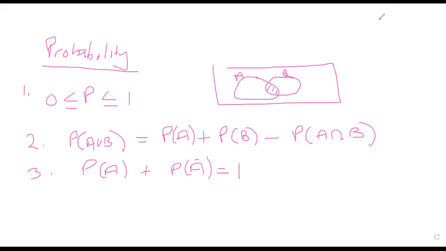So probability must always add up to 1. If A is 20%, the complement of A must be 80%.